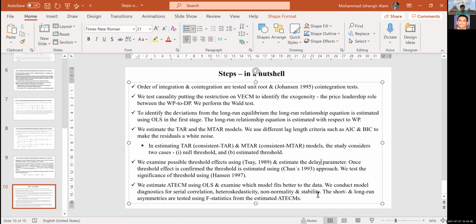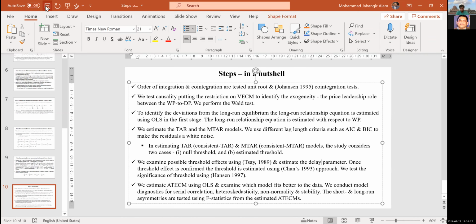There are different tests, and based on that you decide which model is actually the appropriate one, and see that the estimated coefficients fit the real world case. And then the short run and long run asymmetries are tested using F statistics from the estimated asymmetric threshold error correction model.